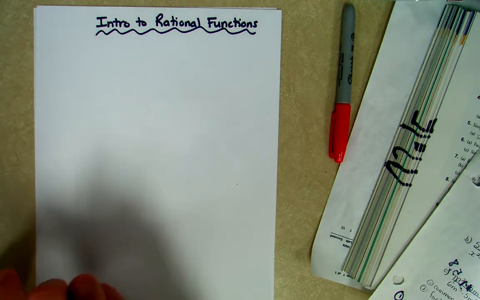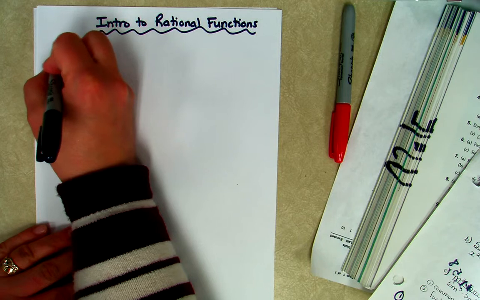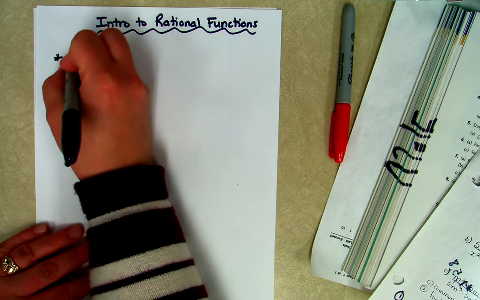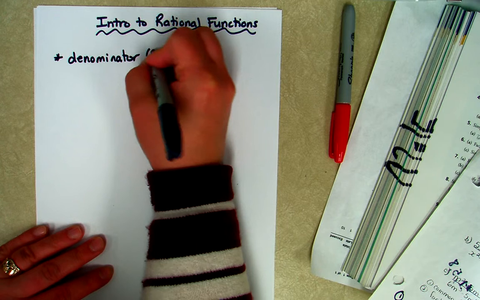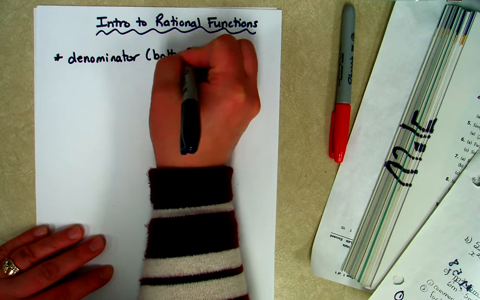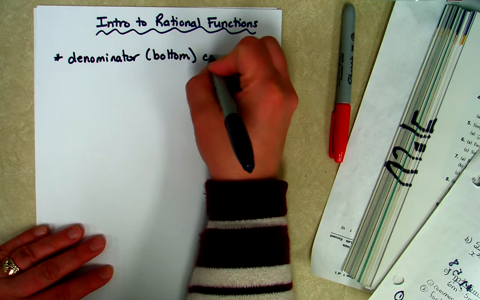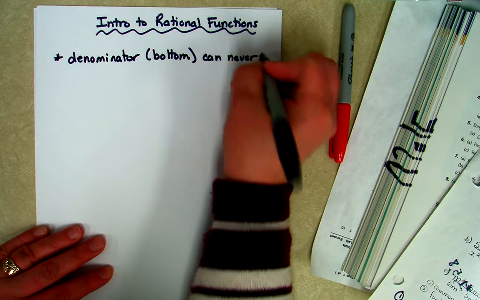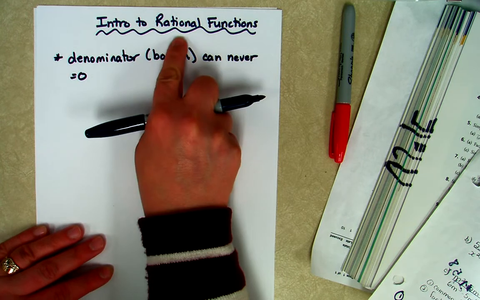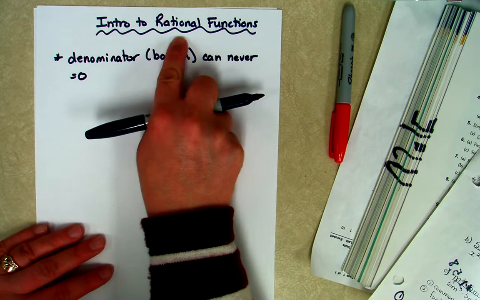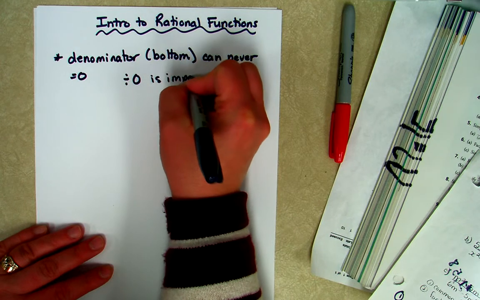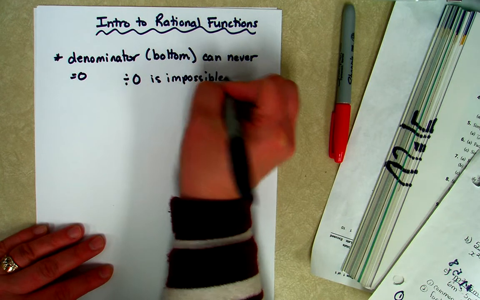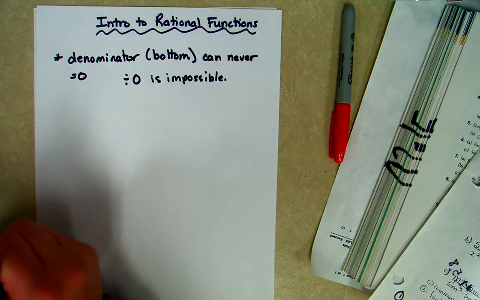So the first thing though is to remember that when you're looking at any fraction, the denominator, which is just math speak for the bottom, can never equal 0. Because rationals or fractions represent a division, and dividing by 0 is an impossible question, because dividing means how many groups.